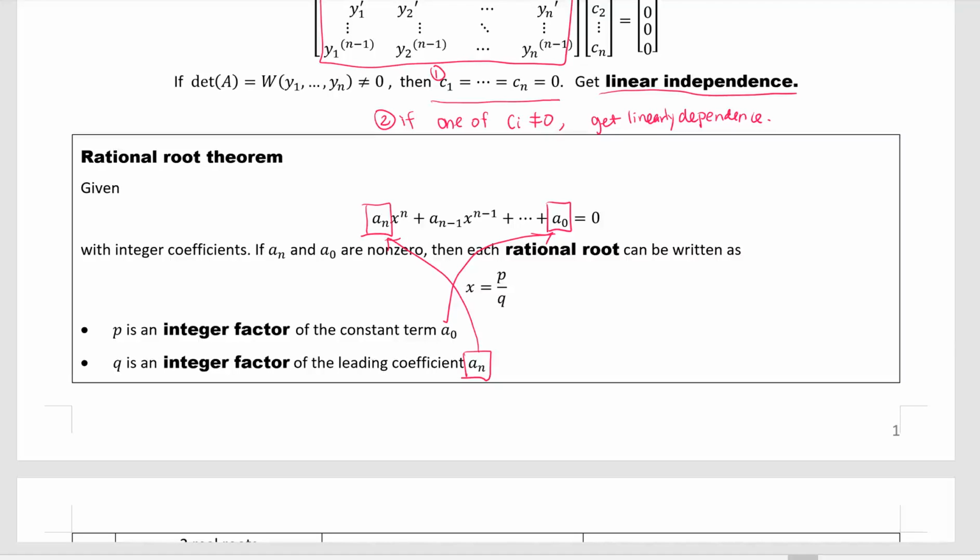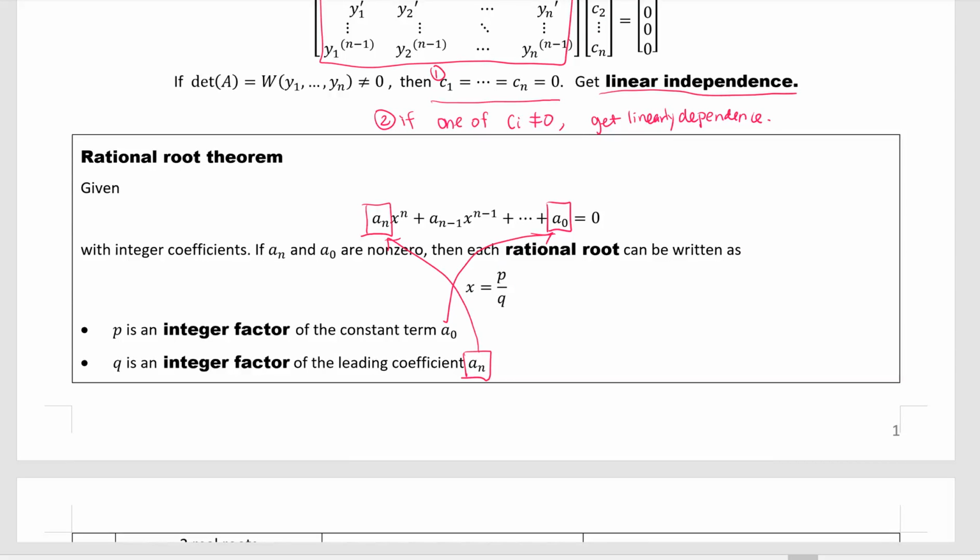However, if we restrict the coefficients to be real numbers, sometimes, for example, some quadratic functions have complex roots, so you're not able to decompose into two linear factors, so it will just be a quadratic factor. So this theorem tells us that if this polynomial equation has a rational root, then the rational root must be of this form.